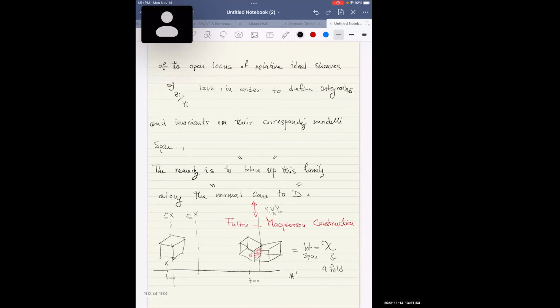If I have a family, and I look at its total space, then for any scheme inside this family, I can blow up the whole family along that scheme. What that does is it replaces every point of that scheme with a P1.